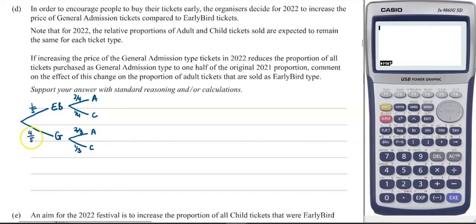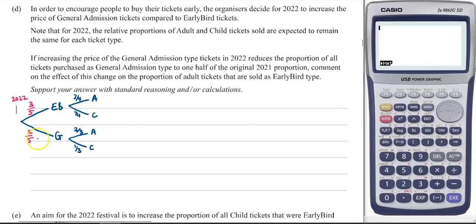So this proportion here of 4/5 is going to be halved. So let's change that. Instead of 4/5, half of 4/5 would be 2/5, which would make this one 3/5 for early bird. Okay, so now that we've fixed this, this is for 2022.